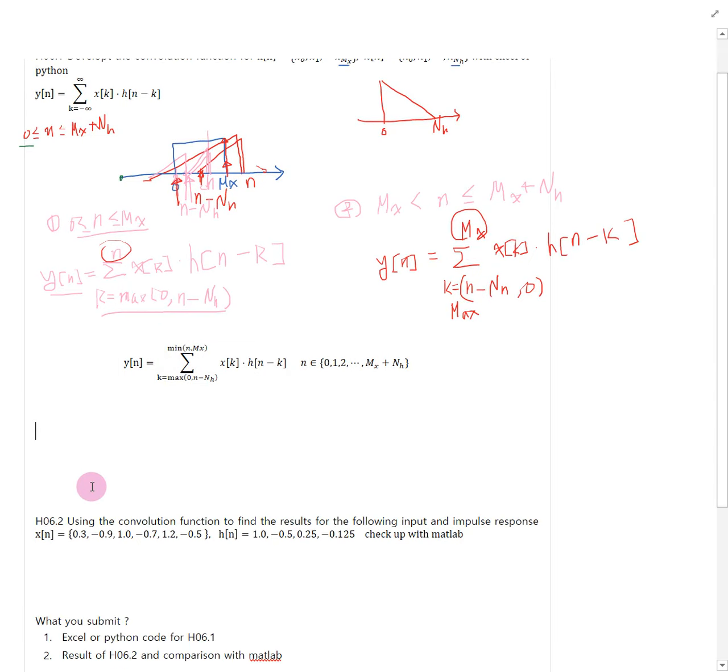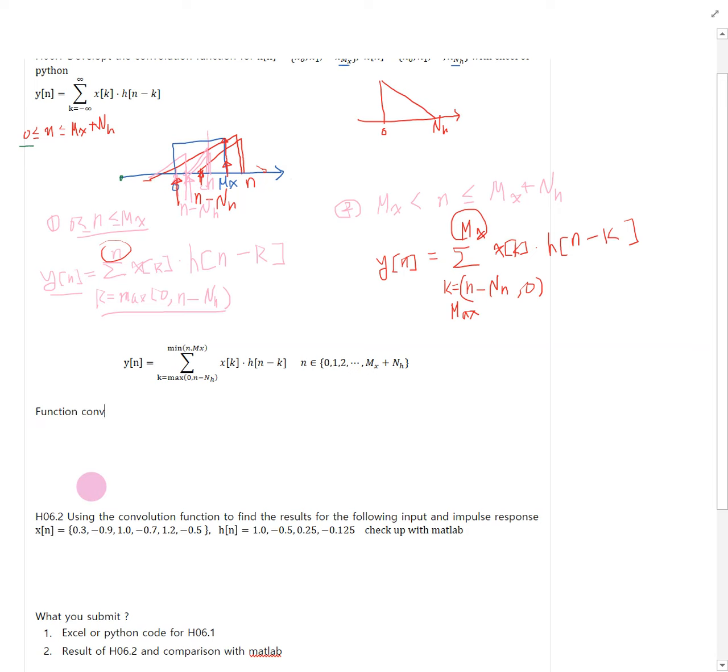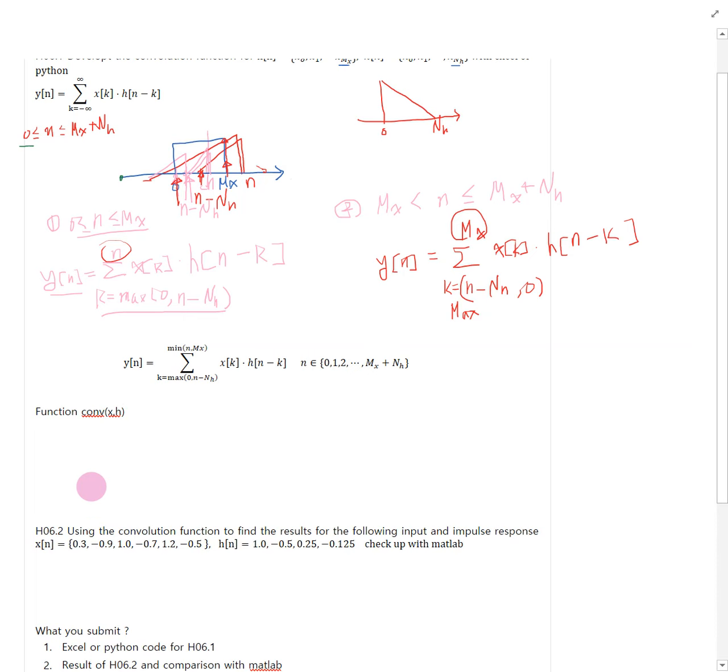We need to calculate this. To calculate it, we would like to design a function, convolution, taking arguments x and h. We need to design that kind of function. The x index starts from 0, 1, 2, 3, and the final value is mx.